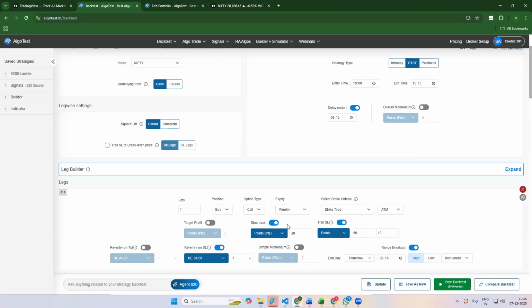Say I'm selling a straddle, and whenever any leg hits the stop loss, I want to square off the strategy completely. I will say complete. Or if I want to say that when my call is squared off I become bullish and want to continue my put till it also hits the stop loss, then I will say partial. Okay, got it. And one other risk management.